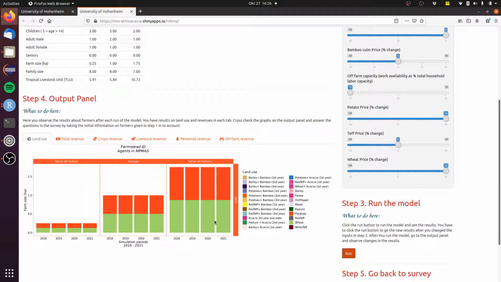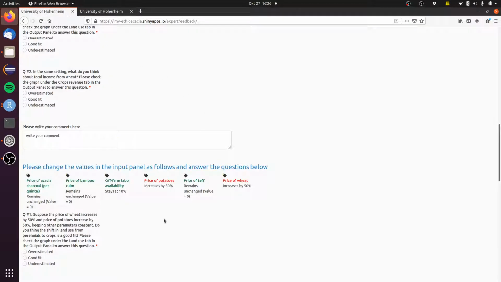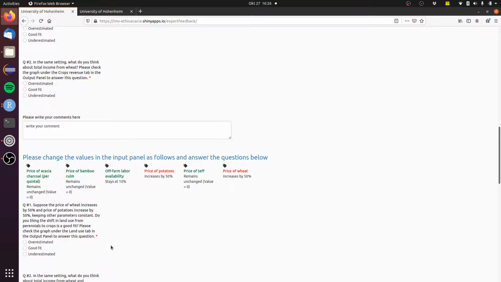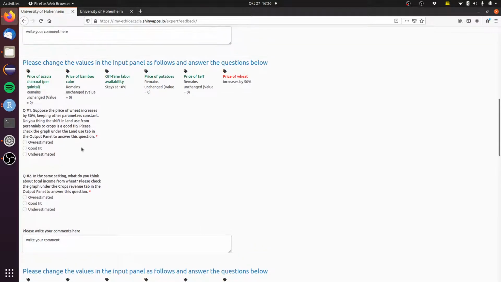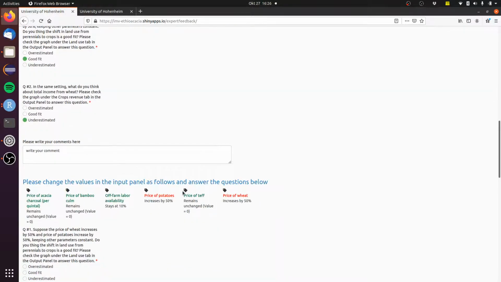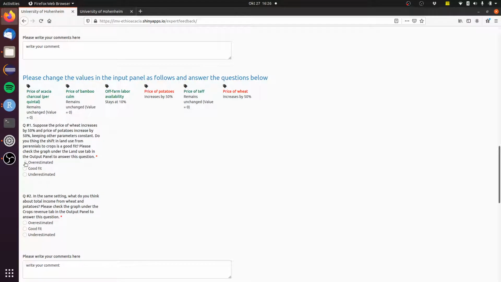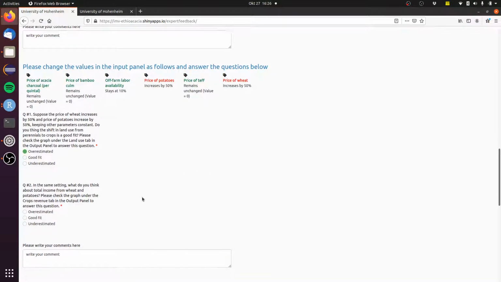Now the agents are only growing wheat and potatoes, so they are no more growing perennials such as bamboo or acacia decurrens. So we ask questions about these changes in the subsequent questions. So you fill in your answers, whether it's a good fit or whether it's underestimated or whether it's overestimated, and we would like you to see it very critically.